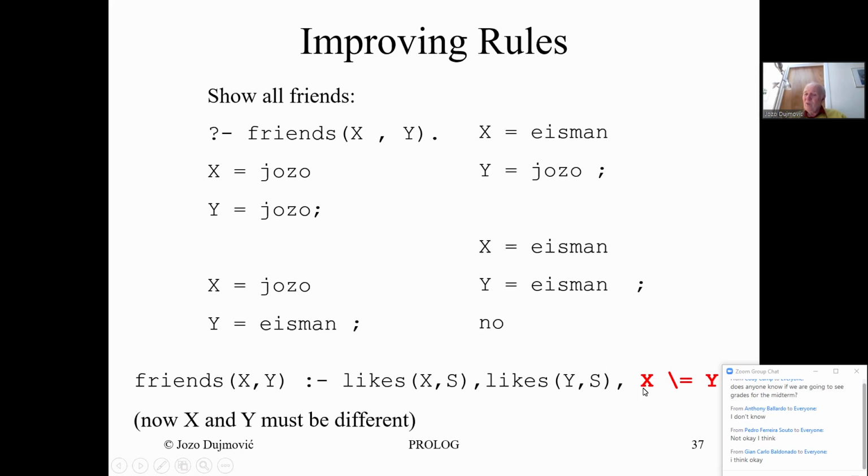You cannot do that with those that are not instantiated. This is not going to instantiate variables. Variables are instantiated from predicates and from searching the database of facts. So that is why you correctly decided that this is not going to work here. So first has to come one of these likes, and then after that comes this here. So if we have this kind of rule, then we eliminate Yozo and Eisman. This solution will not occur anymore.